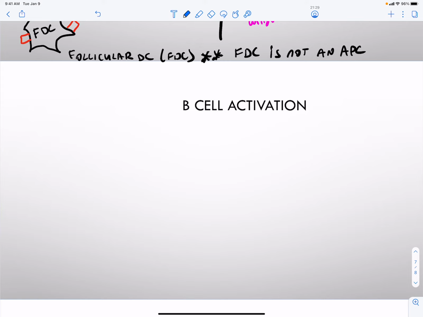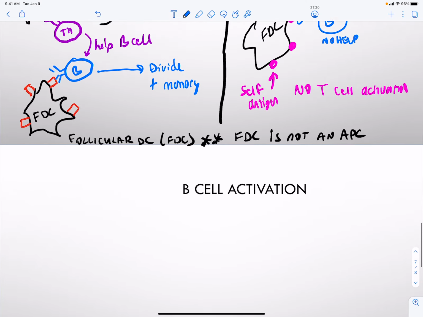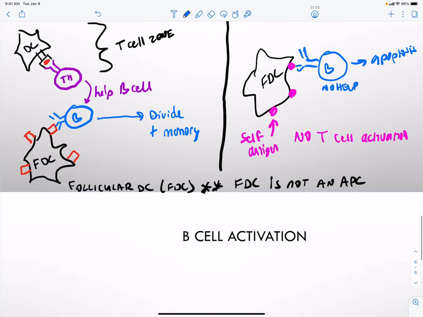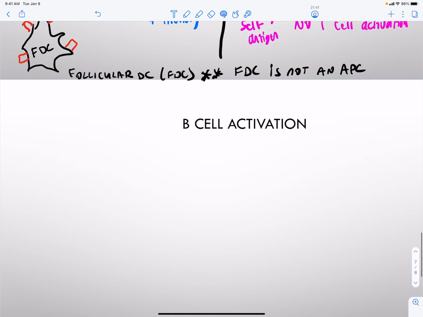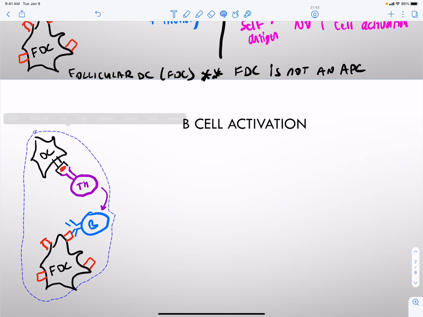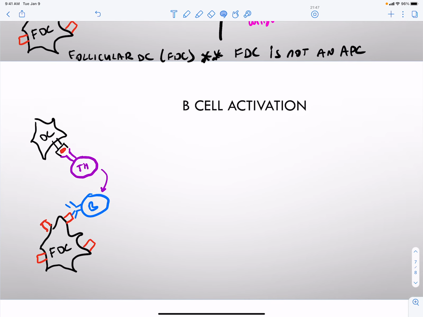So now for B cell activation, again, we have our dendritic cell activating our T cells. We have our B cell seeing antigen by our follicular dendritic cells in the B cell zone. And then what's going to happen is the B cell is going to get activated.